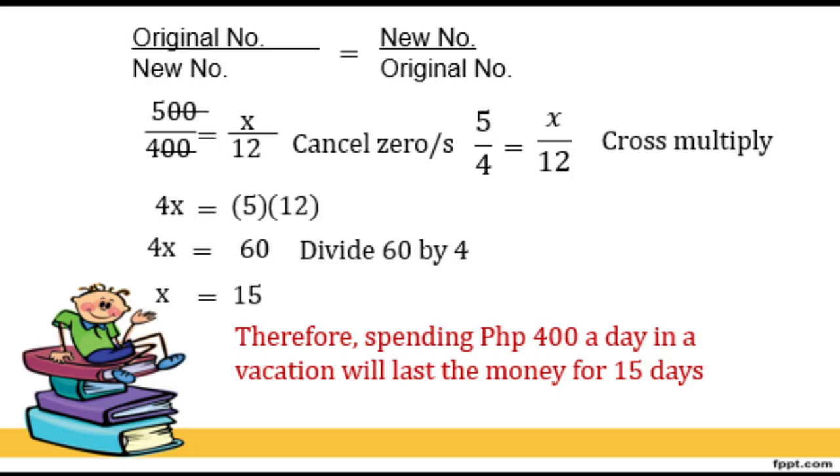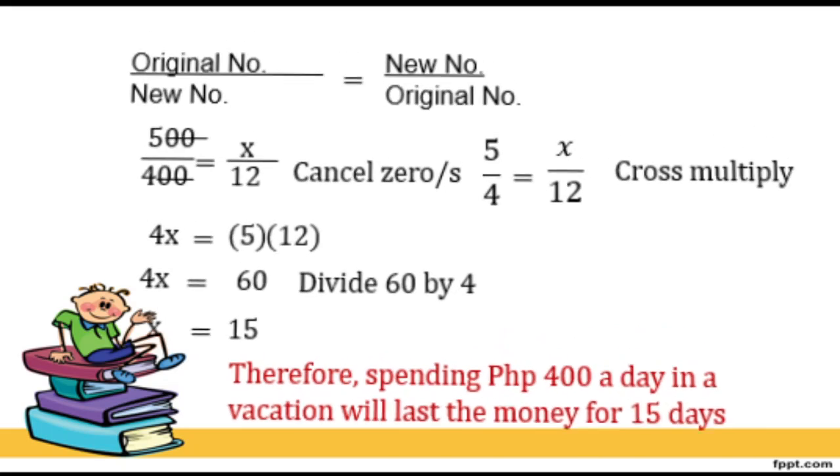The original plan is to consume the original amount of money in 12 days. Since you will reduce it a little, the 500 will become 400, so therefore the vacation will last for 15 days.